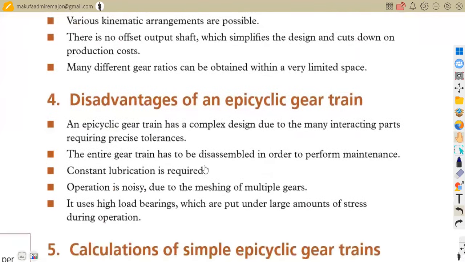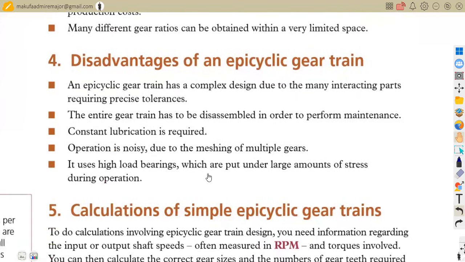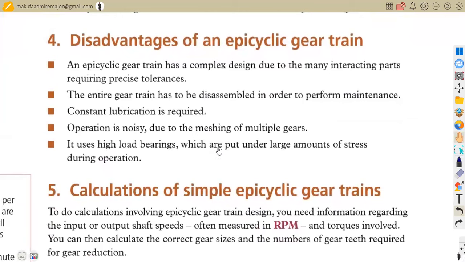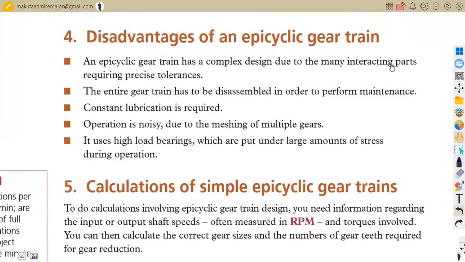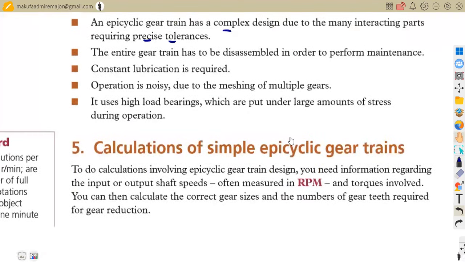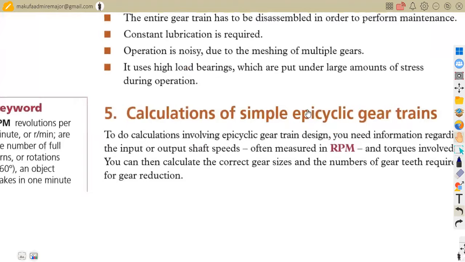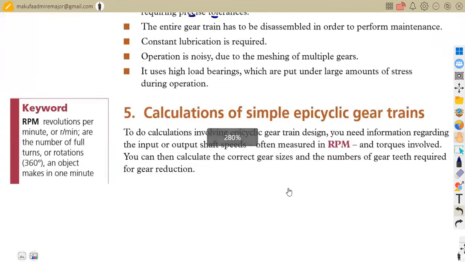And the disadvantages: it's a complex design that you are working with, due to the many interacting parts requiring precise tolerances. On that condition, it becomes disadvantageous, and there are other ones that you're going to consider in your calculations and so forth.